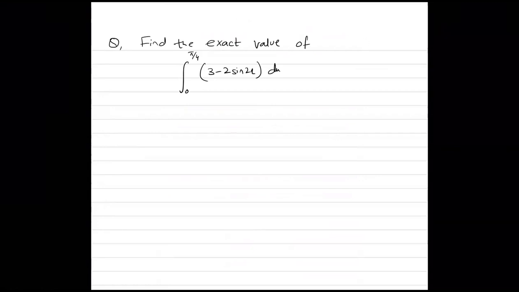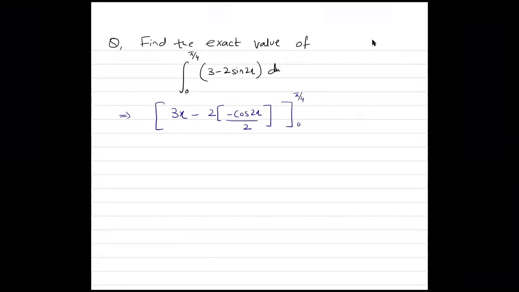Okay, so I want you to try this first. So integration of 3 is going to be 3x, and integration of 2 sine 2x is going to be 2 times minus cos 2x upon 2. Okay, and we don't need to add plus c because it's a definite integral.